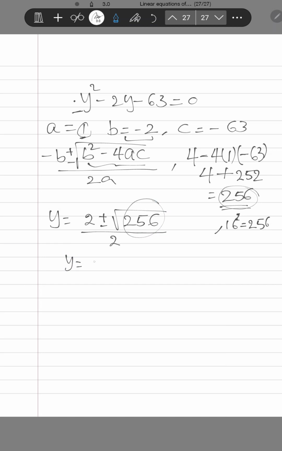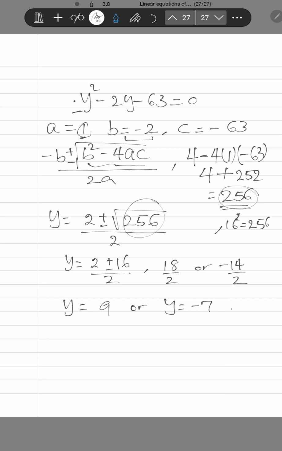So y is equal to 2 plus or minus 16 divided by 2. The two cases are 18 divided by 2, or minus 14 divided by 2. So y is equal to 9, or y is equal to minus 7.